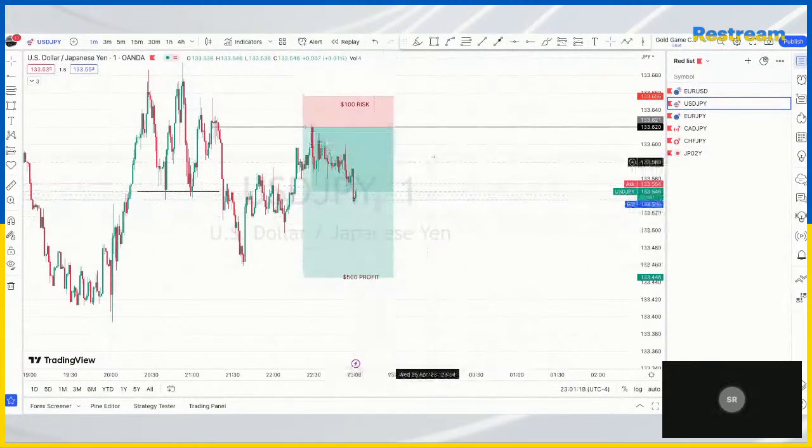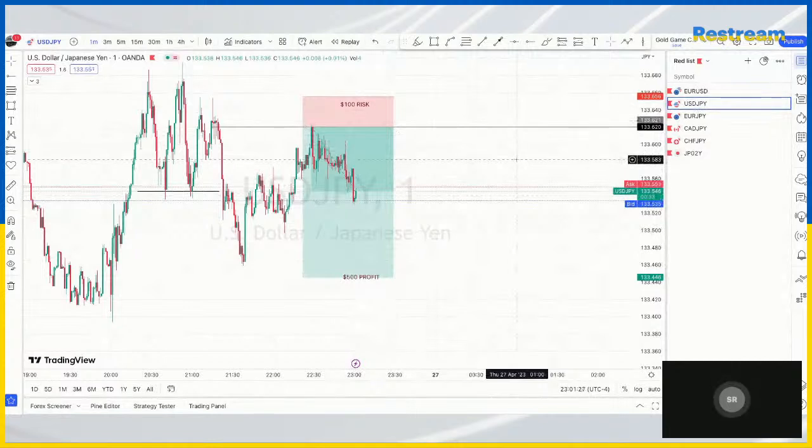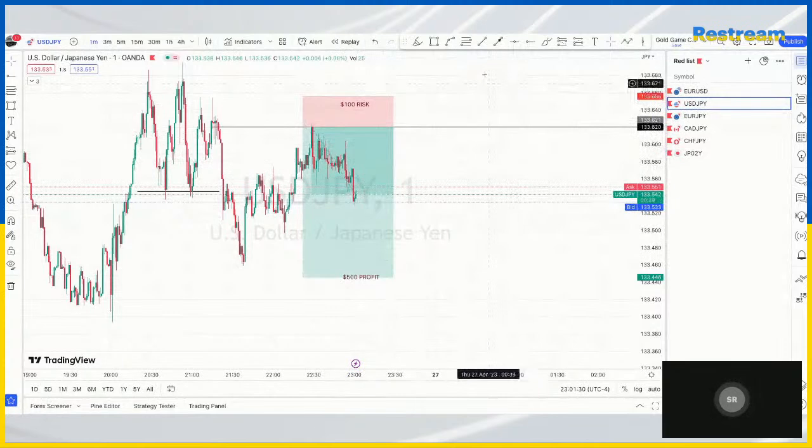I mean, sure, if I win 2 trades, that's all I need, is 2 winners in here. So if I win 2 trades, then I can cover all the losses and still be profitable.